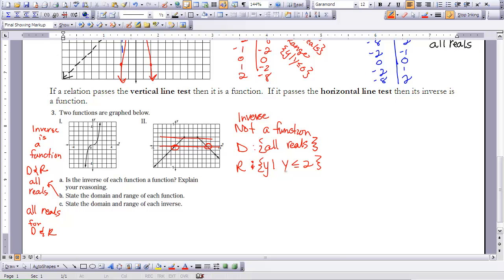So for the inverse, we're going to flip-flop. So that means the domain is going to be values for x such that x is less than or equal to 2. And the range is going to be all reals.